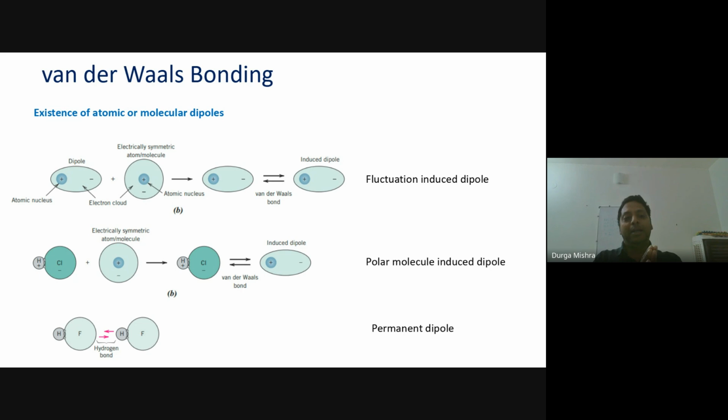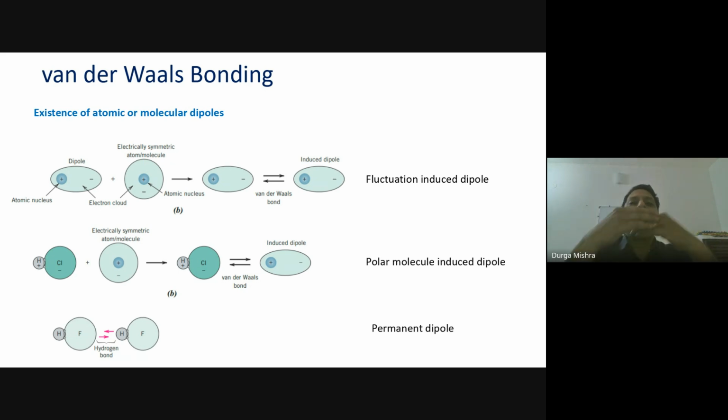Now the origin of this van der Waals bonding is also very interesting. It is again purely electromagnetic in nature, due to the existence of atomic or molecular dipoles.